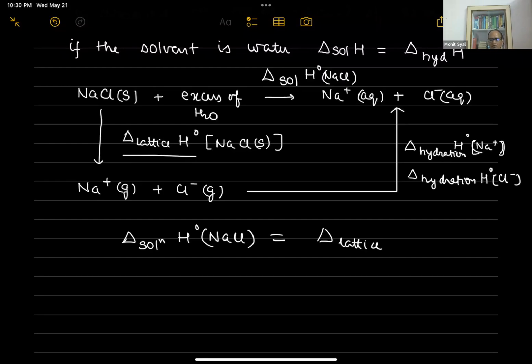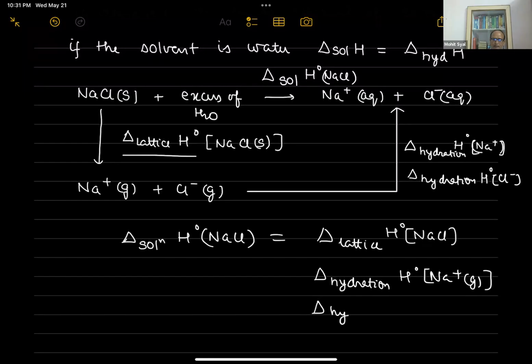So the enthalpy of solution of NaCl is the sum of the lattice enthalpy of NaCl, the hydration enthalpy of Na plus ion, and the hydration enthalpy of Cl minus. Is it clear? Yes, sir. We will revise it in the next class.